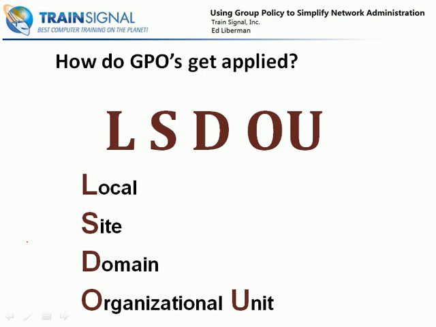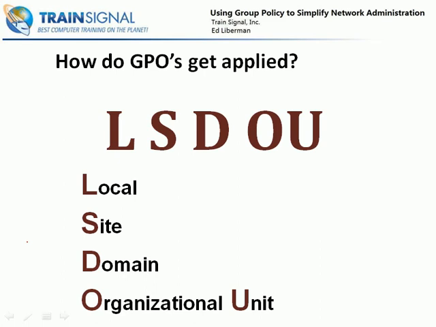Now, why is this so important to understand LSDOU exactly the way I've said it? Because this is the order in which GPOs are applied. When a computer turns on or when a user logs in, first the local settings are looked at and applied. Then they look to see what site this computer may belong to, what location it's in, and any GPO settings that are linked to the site are then applied.